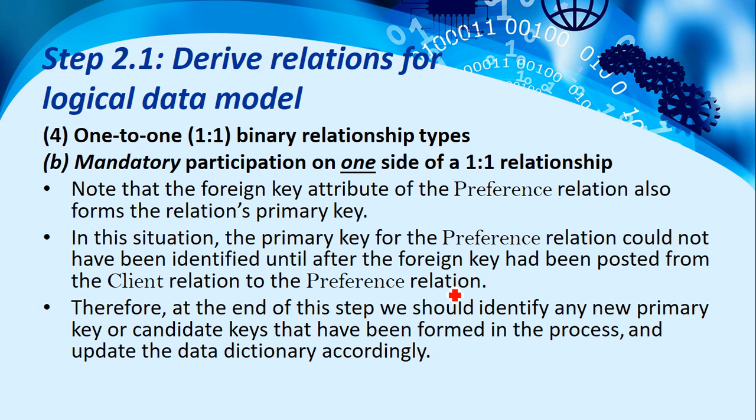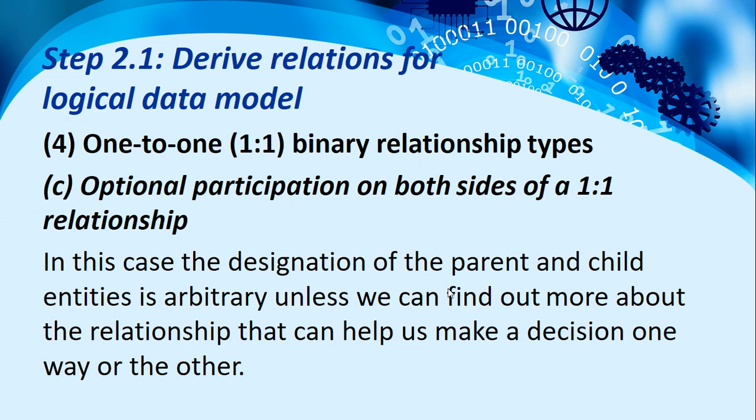Okay. And let's proceed to the last, yung third scenario. And let's say kung optional participation yung both sides. So in this case, the designation of the parent and child entities is arbitrary. So pag sinabing arbitrary, pwedeng yung isa, parent, child, pwedeng the other is, pwedeng may interchange.